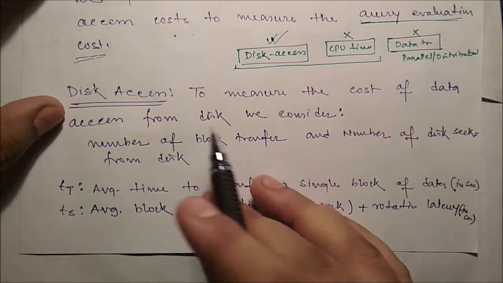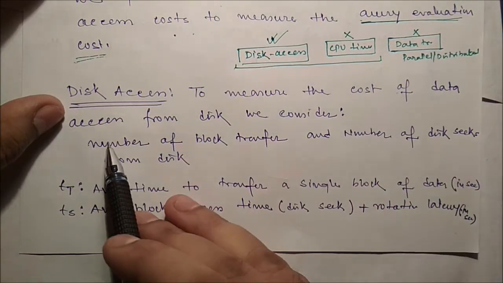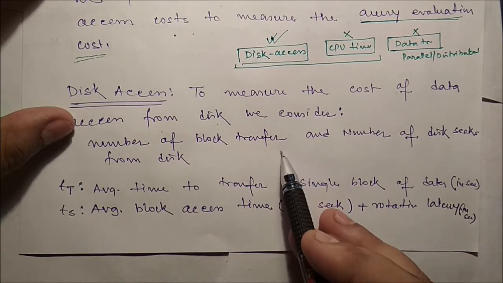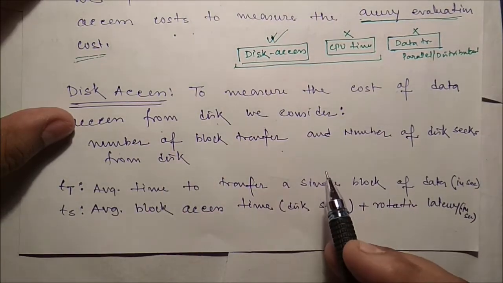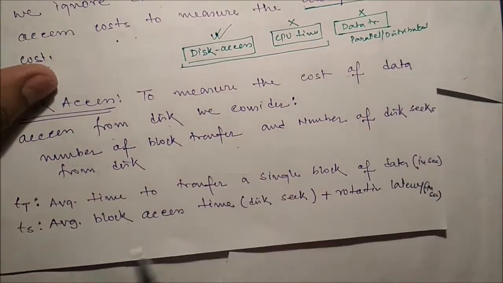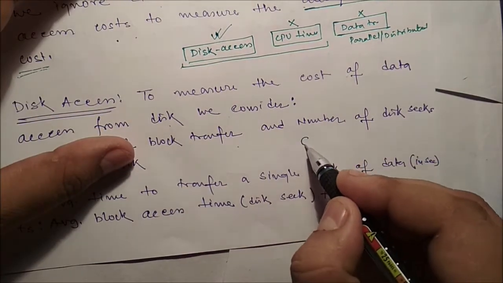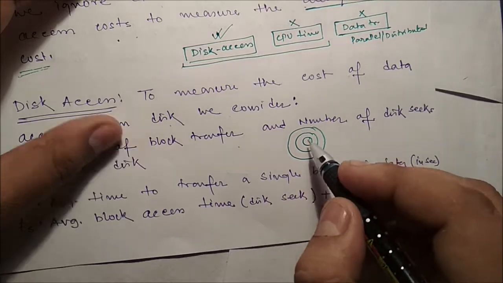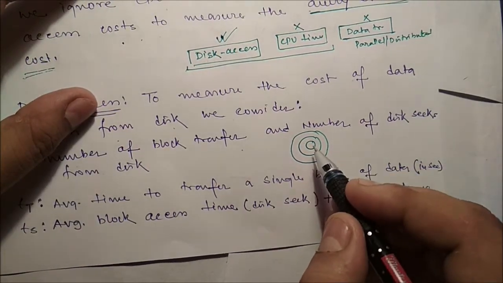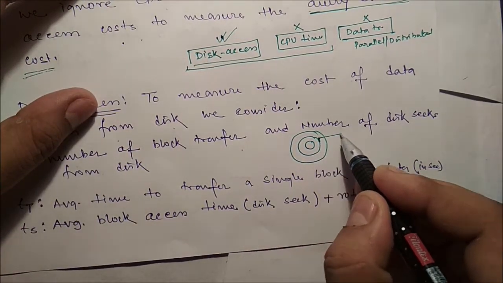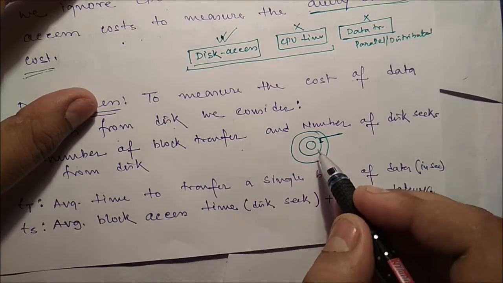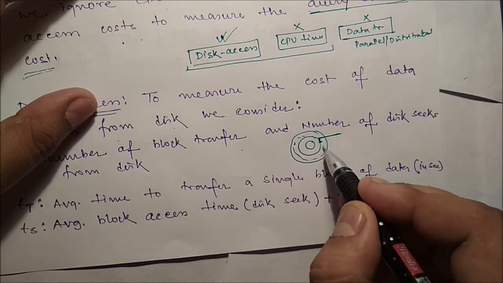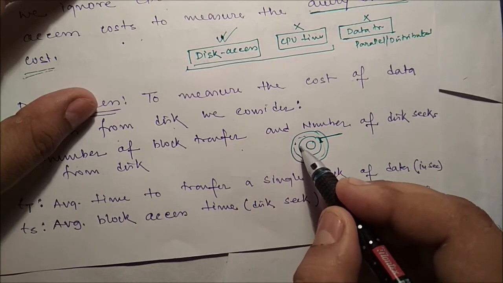Now, what is disk access? To measure the cost of a data access from disk, we consider the number of block transfers and the number of disk seeks. That means, see, this is our hard disk, where the disks are there. There are two parts. Suppose the head is somewhere here and the data is present somewhere here. This is a track, this is another track, and the data is present in this particular track.